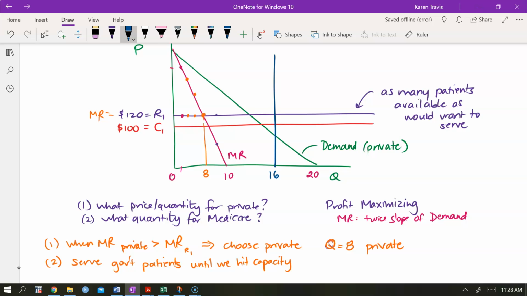So, maybe I'm going to make it 17. You'll see why in a second. If the maximum capacity was 17, then we would choose 8 of the beds will be private, 9 of the beds will be Medicare, and their sum is 17. That's capacity in my hospital. So I made it a different number than 16 so that you could see where my numbers were coming from. So this is private, and these are government.